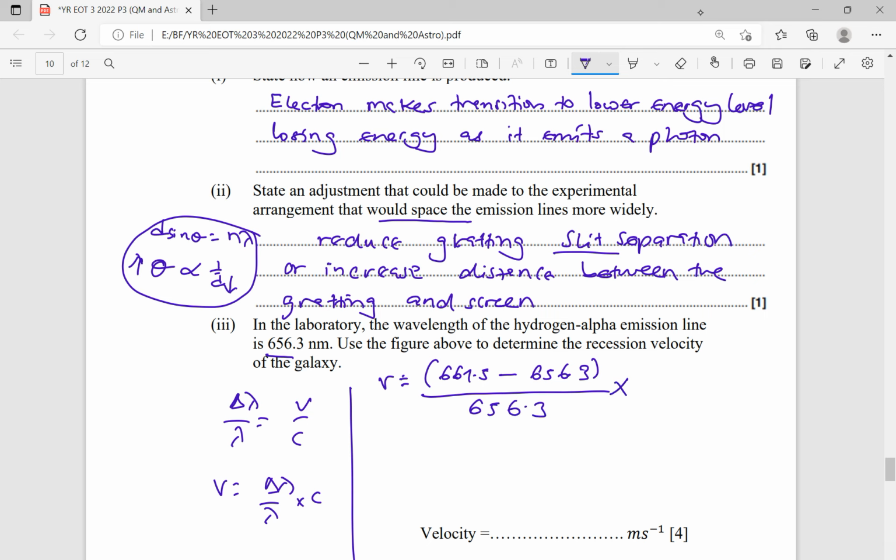Multiply by the speed of light, which is 3 times 10 power 8. My calculator gives me 2.4 times 10 power 6 meters per second. I don't know what you got, but you can check.